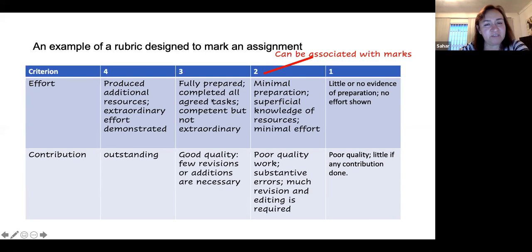Minimal addition is needed. And then we move to the poor type of performance. And you can spell out your expectations of the assignment or of the paper work or of the research article in a rubric. And then the student can follow that.